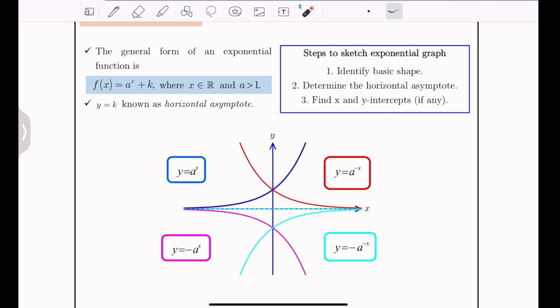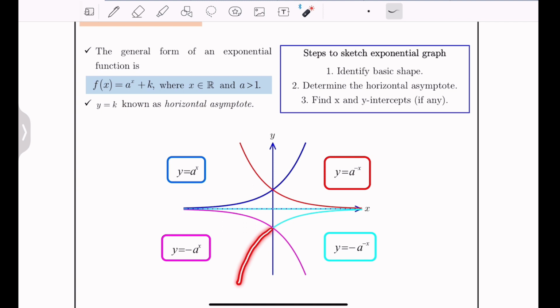When y equals positive a to the negative x, as x approaches negative infinity, our graph will increase without bound, while as x approaches positive infinity, our graph will approach the horizontal asymptote. For y equals negative a to the positive x, as x approaches negative infinity, the graph will decrease without bound.